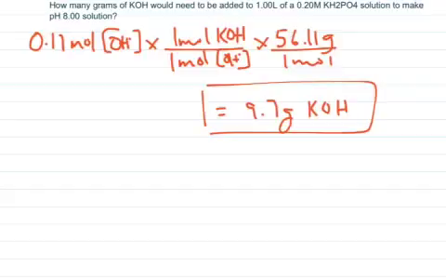We have 0.17 moles of hydroxide. We're going to use the mole ratio, 1 mole of KOH to 1 mole of hydroxide, and multiply by the molecular weight of KOH, which is 56.11 grams over 1 mole, to give us our answer of 9.7 grams of KOH. Remember, we use the smallest number of significant figures, so that's why it's 2 sig figs.